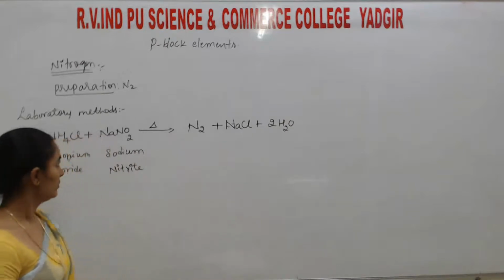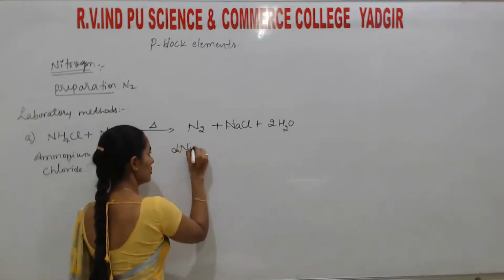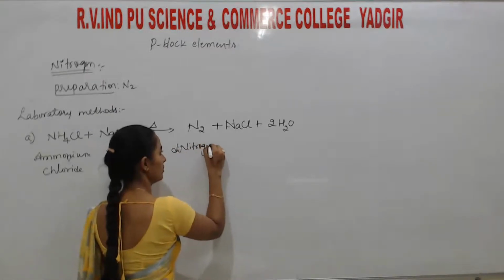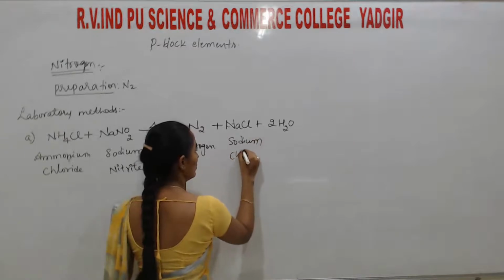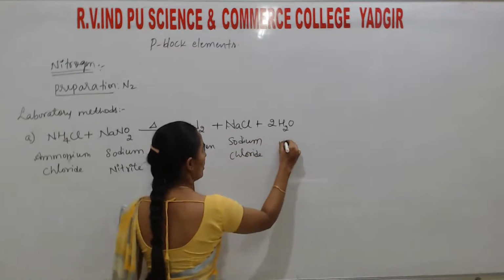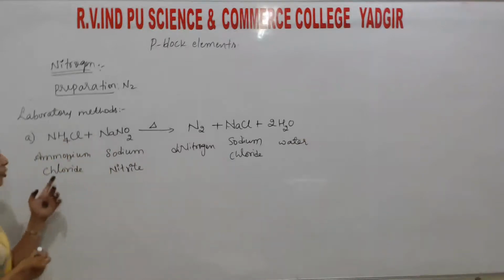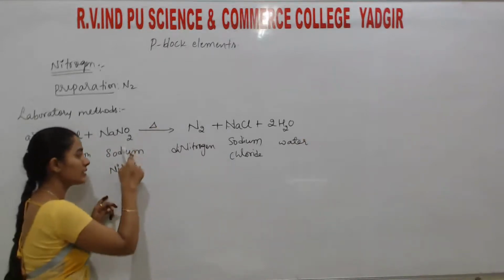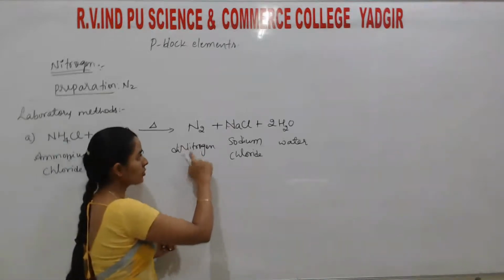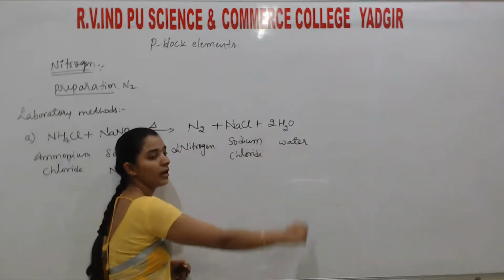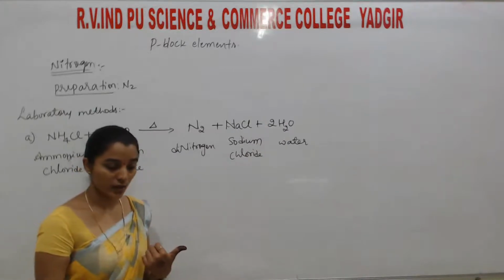This is the reaction. So this is dinitrogen, sodium chloride, water. So students, when ammonium chloride is heated in the presence of sodium nitrite, it gives dinitrogen along with sodium chloride and also water molecules. So this is the explanation you have to write.